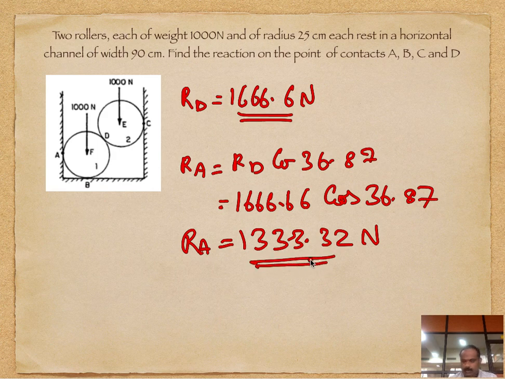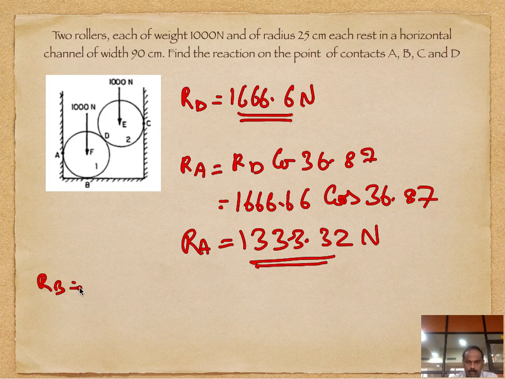Once this is done, we need to find RB. So we need to equate the sigma v equation to 0.